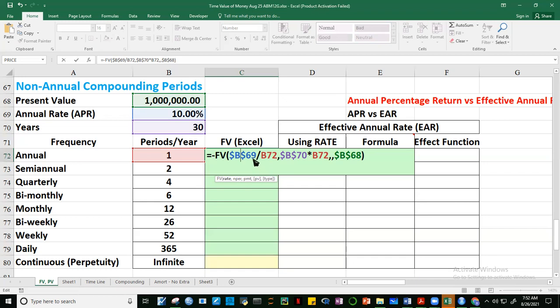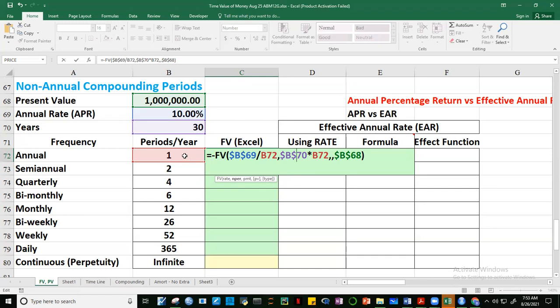Yung 10% po, divided by the periods per year po. B69, divided by B72. And then, itong N per, yung years po nandun sa taas po. And then times yung kung ilang beses periods per year.